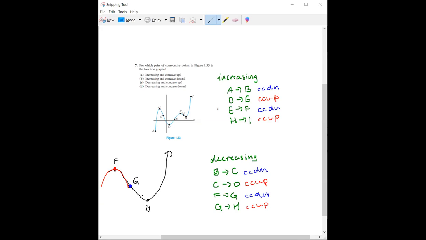Inflection points are points where concavity changes. So we have inflection points at G, at E, and at C. All those points say is that we're switching from concave down to concave up, or from concave up to concave down. That's a bit of the lingo we'll be using later in the class to dissect the anatomy of a curve.